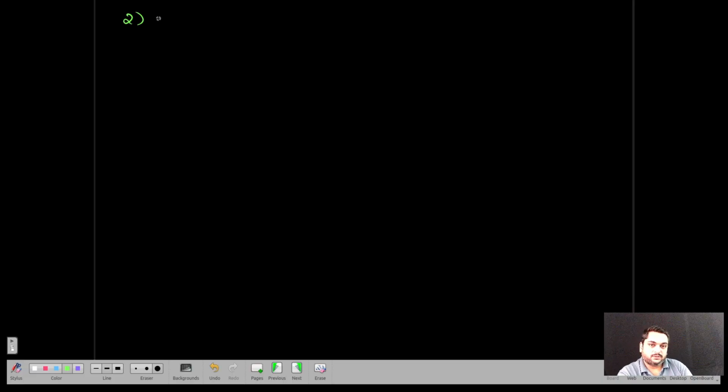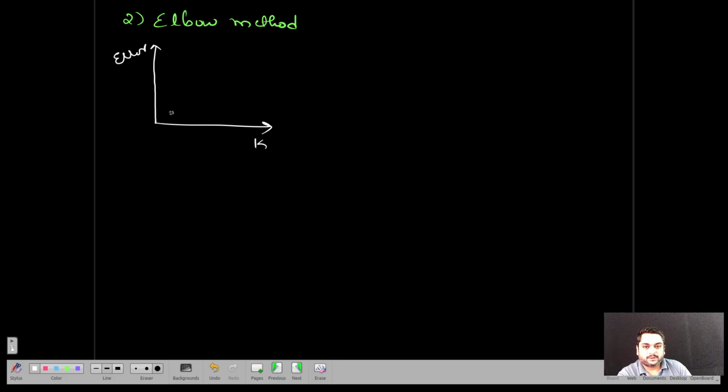Now the second method you can use is called the elbow method. The concept is very simple. In your training or test, you get some error. You plot that error against different k values, from an initially small k value going to larger k values, with k on the x-axis and error on the y-axis.